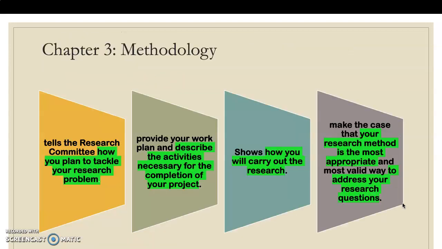Alright, next, the last one, chapter 3, methodology. Under this chapter, you have to show the readers how you plan to tackle your research problem. You have to describe the activities necessary for the completion of your study and how you will carry out your research and the methods that you are going to use.